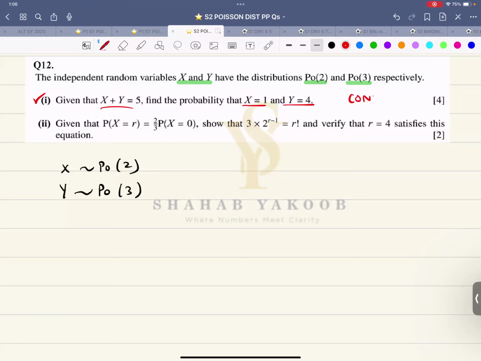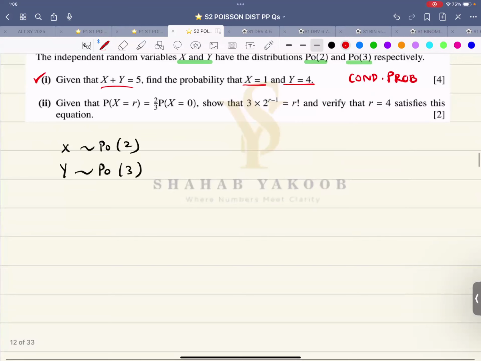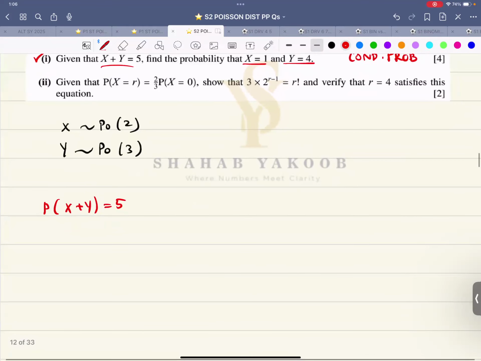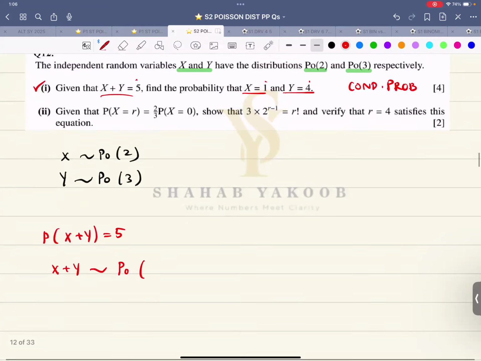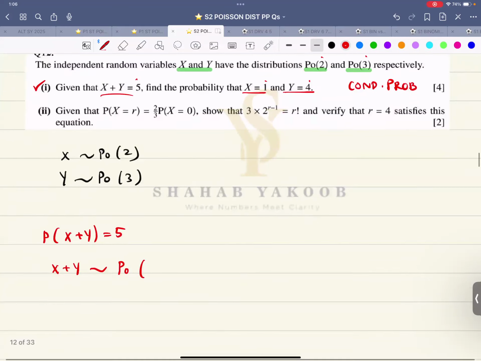This first part is about conditional probability, just like the planes question. And coincidentally, the values are exactly the same. Probability X plus Y equals 5. First of all, X plus Y follows a Poisson distribution, and this is 2 plus 3, which is also 5.